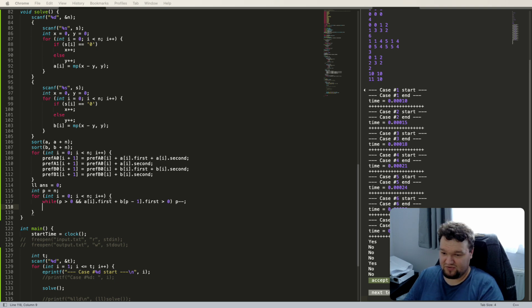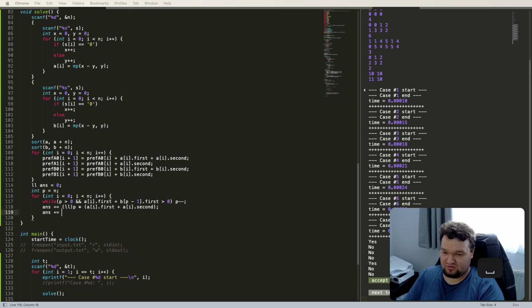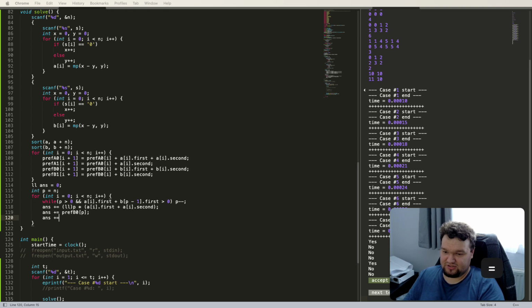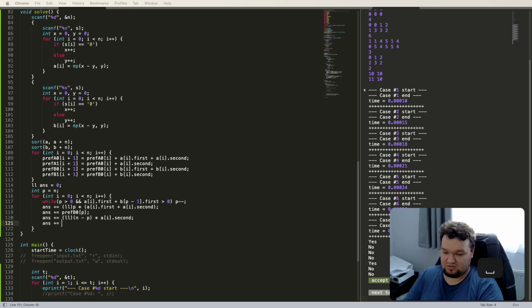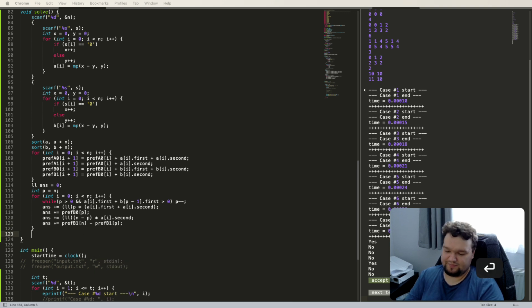So for the part before I need to add to the answer p multiplied by the value that corresponds to the zeros in A, and also b0 of p, and for the part after it's like this.